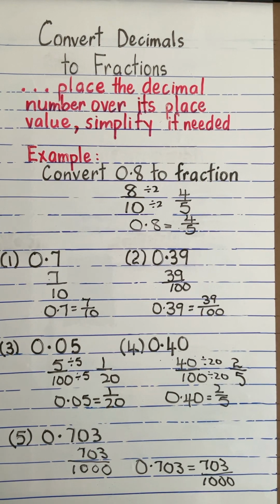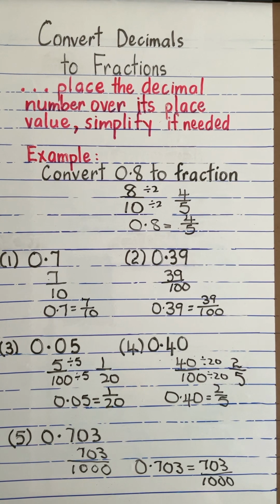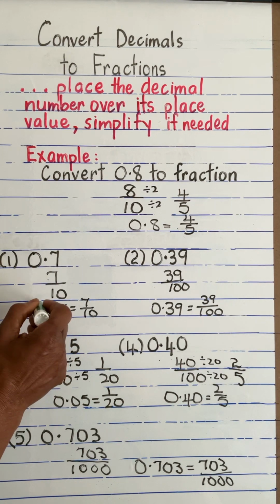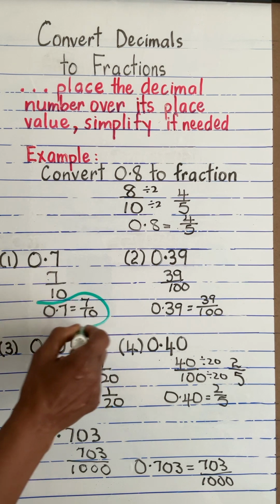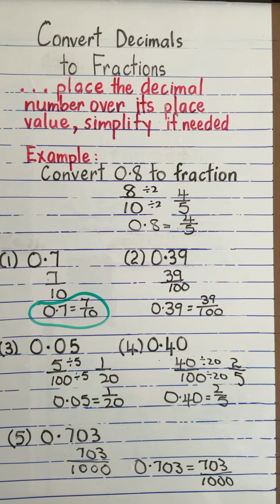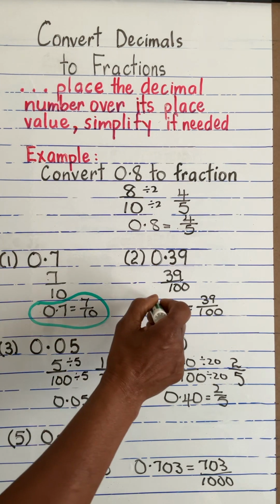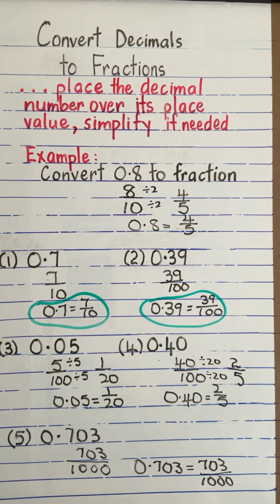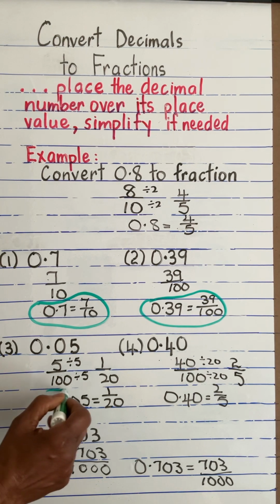So 0.7 is equal to 7 over 10. 0.39 is equal to 39 over 100. 0.05 is equal to 1 over 20.